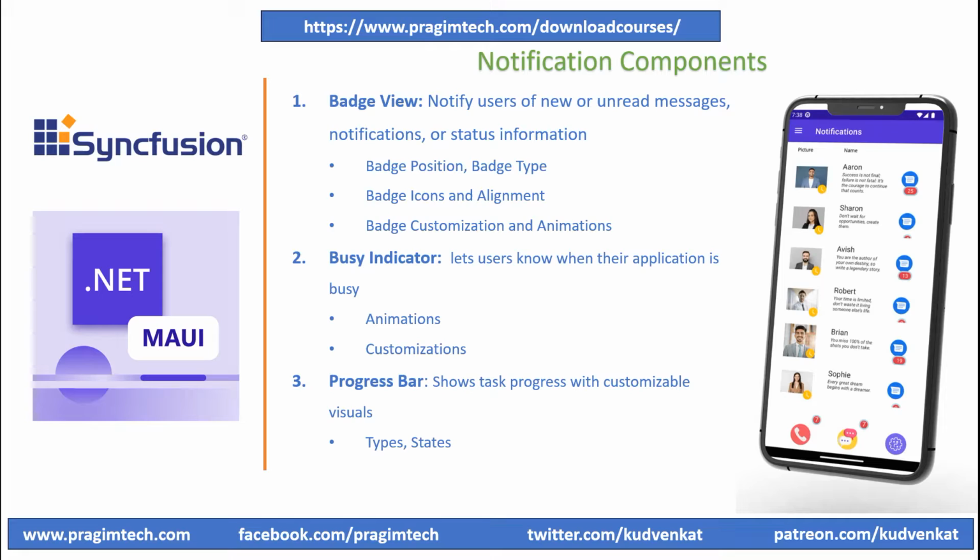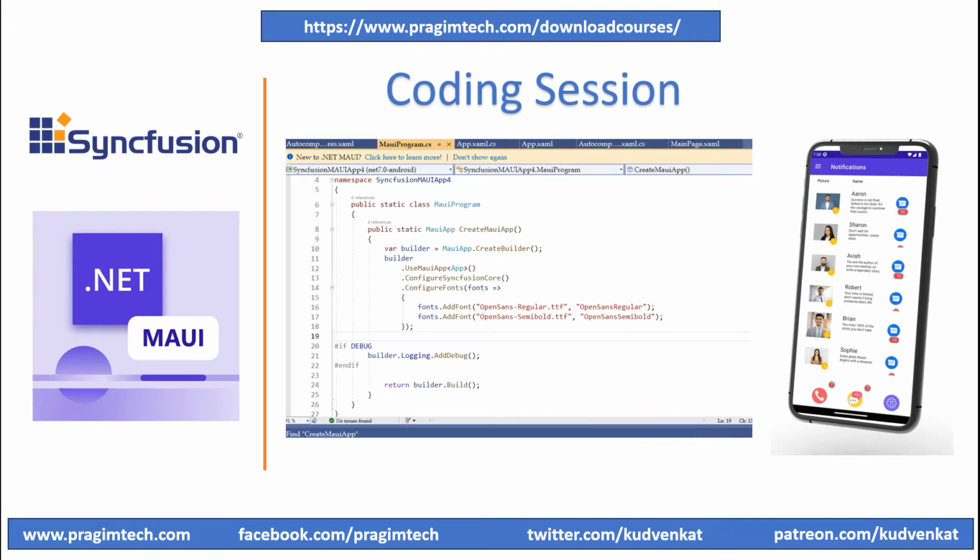You can adjust various properties such as the progress value, orientation, appearance, animation, and color scheme. This control is commonly used in scenarios where users need to be informed about the status of tasks such as file uploads, data processing, or any task that involves sequential progression. Now that you have a theoretical understanding of these controls, let's begin our coding session.